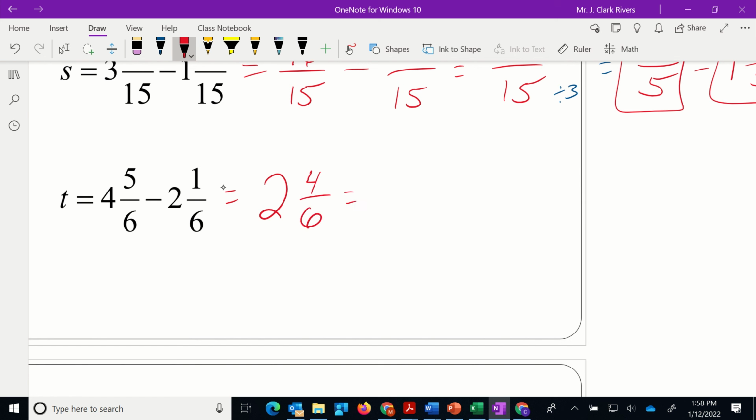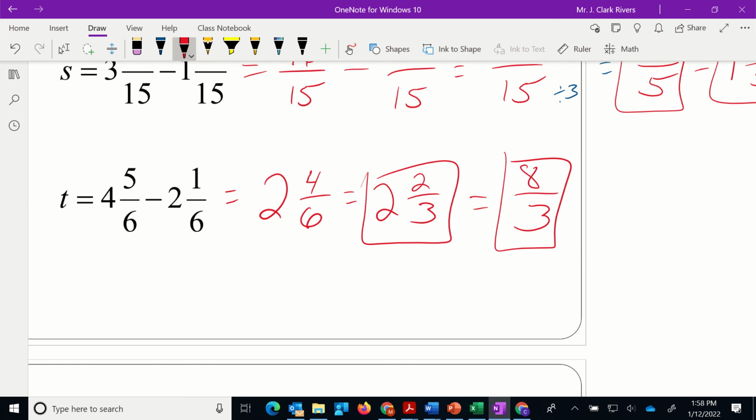Can we simplify this at all? 2 and 2/3. 2 and 2/3 is what you should have had. Or you might have said 2 times 3 is 6, 6 plus 2, you might have said 8/3. Either way, 8/3 and 2 and 2/3 is the same. Questions there? Okay.